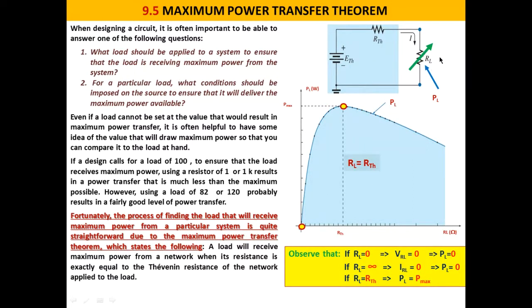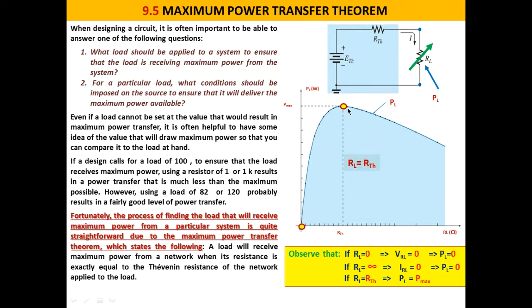If we select RL close to R Thevenin, we will be happy, because as given here, if a design calls for a load of 100 ohms, to ensure that the load receives maximum power, using a resistor of 1 ohm or 1 kilo ohm results in a power transfer that is much less than the maximum. This is a very good example.